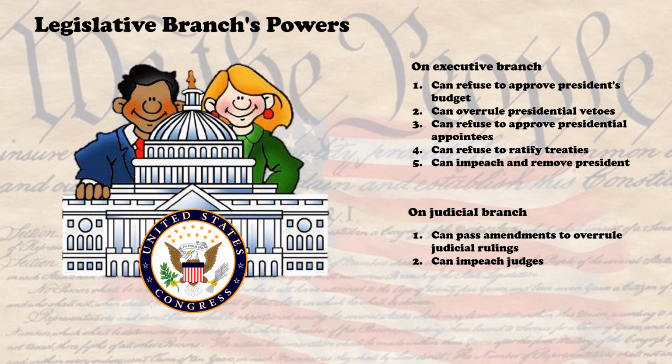The idea being, if you have a lifetime appointment, you are above the law. And if you're above the law, you don't have to rule in any particular way to curry favor with voters to keep your job. The idea is that if they have a job for life, judges will rule in the best interest of the country, not the best interest of their constituents. And for the most part, this works fairly well.